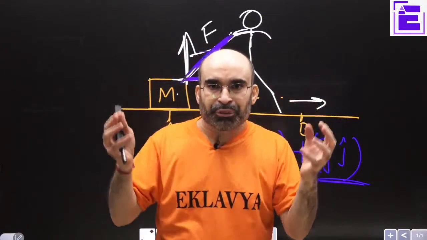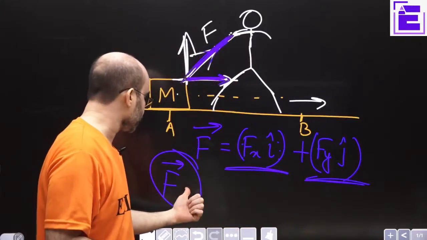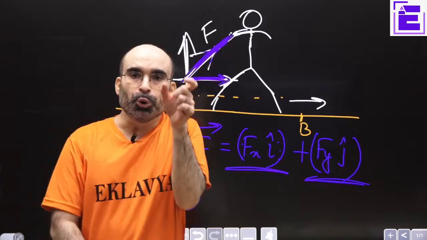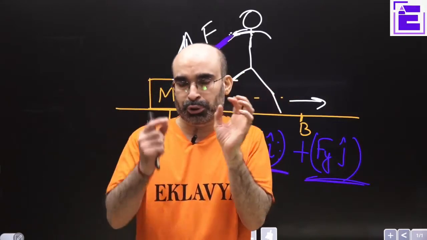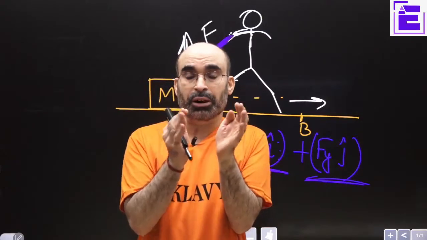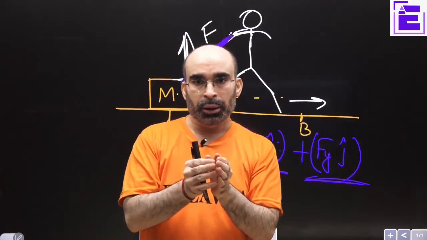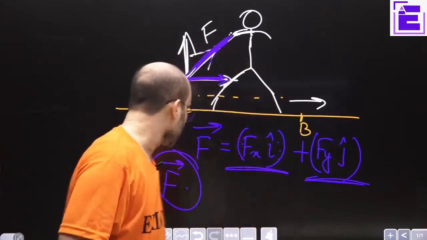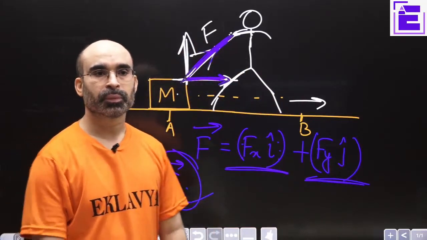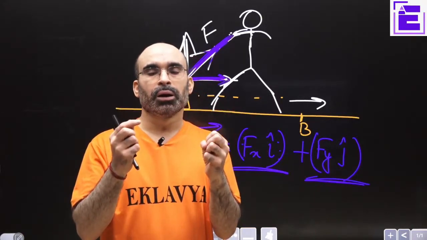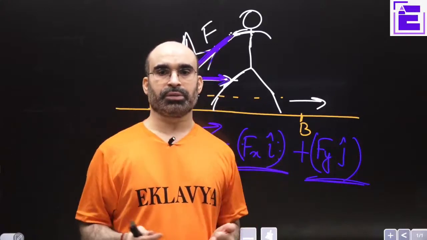The entire effect will be the same as that of the same vector, right? If you take the individual components and add them all, you will get the same effect. Understood? So this is what resolution of a vector is.